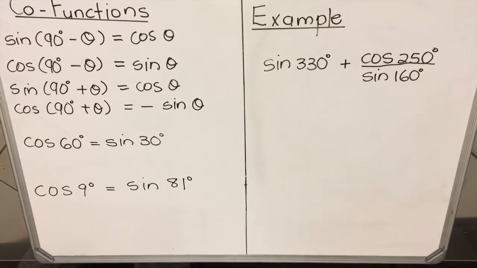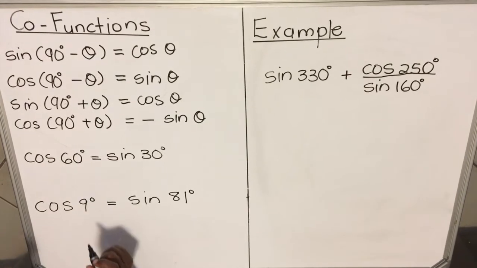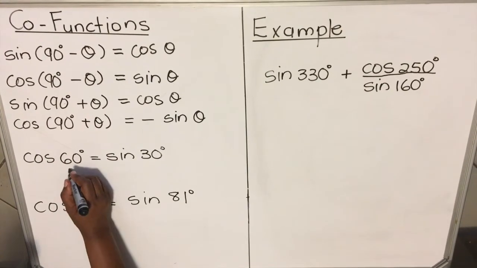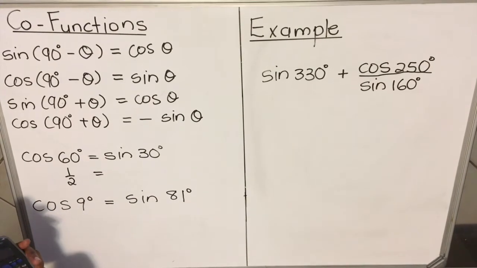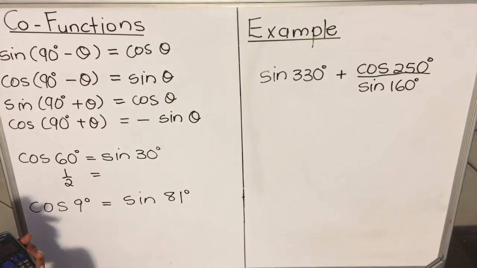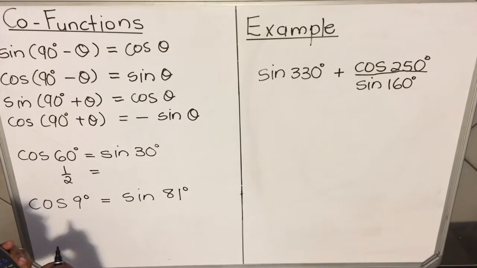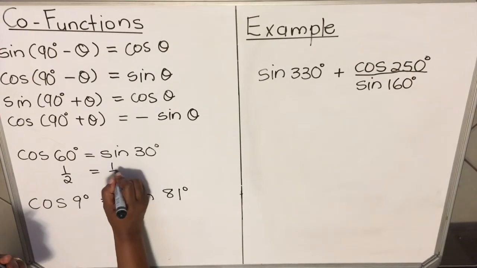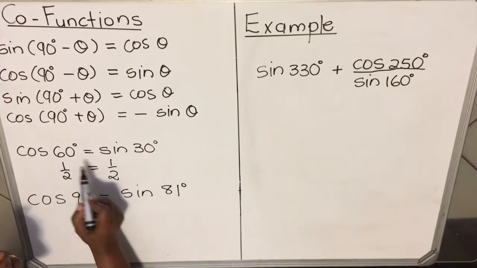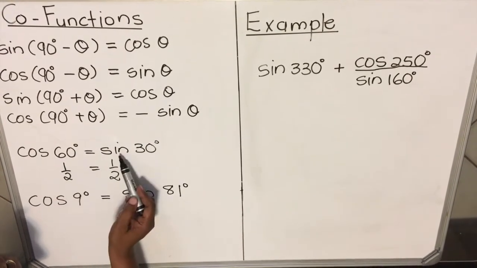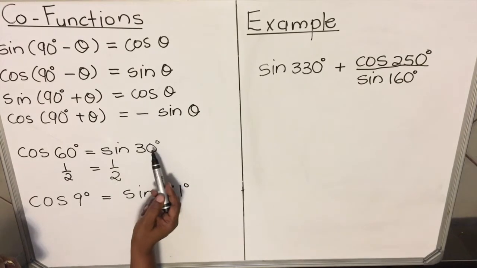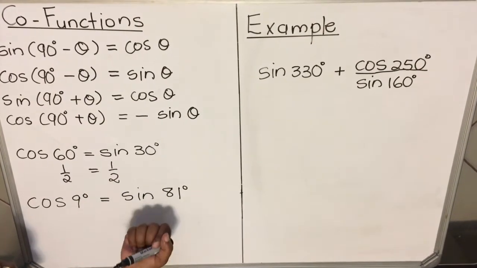You will see they are both equal. Cos 60 is equal to 1 over 2, and sine 30 is also equal to 1 over 2. So this rule that we have here is correct. You have cos and sine and the angles add up to 90. Then those two ratios are equal.